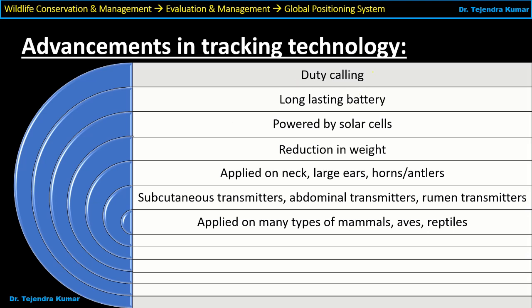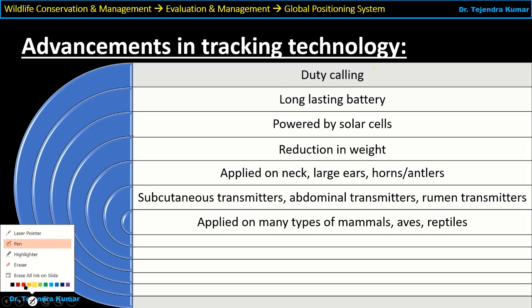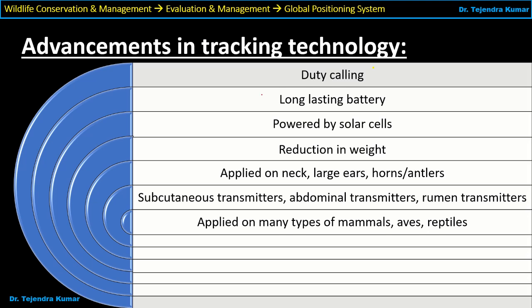So first is duty cycling. What is duty cycling? Initially, whenever we used the GPS, it was giving the signal all the time, right? But nowadays they are not giving signals all the time. They can be turned off whenever they are not required, and only whenever they are required, whenever they are receiving the signal, then they give the signal.